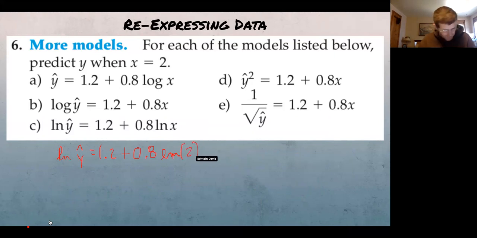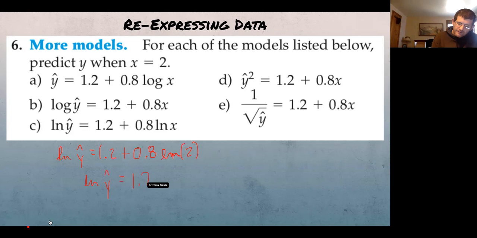Again, we already have the natural log function on our calculator, so I can figure out the right side. I got 1.7545.